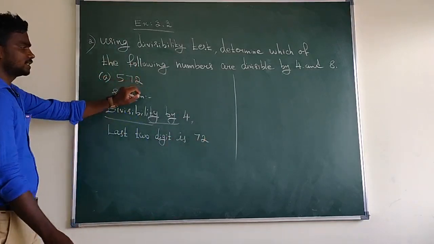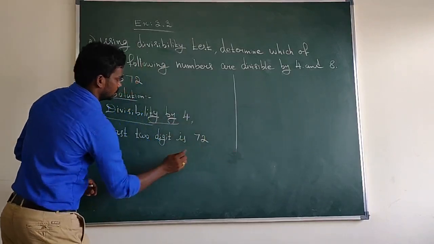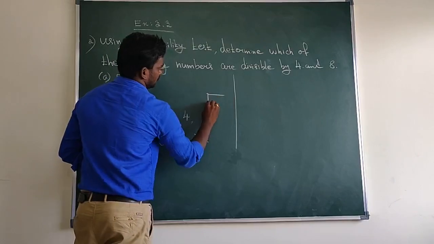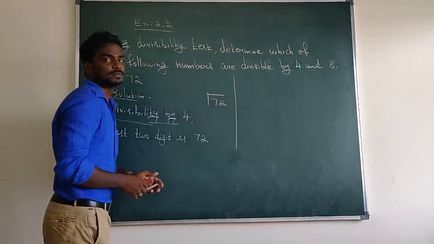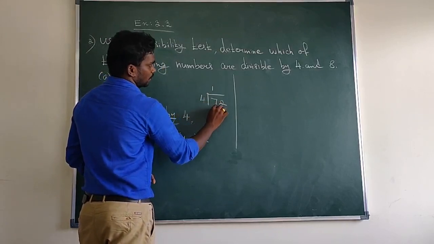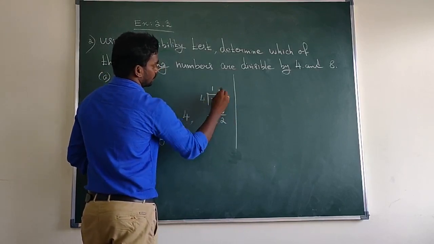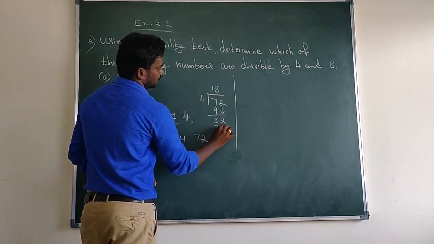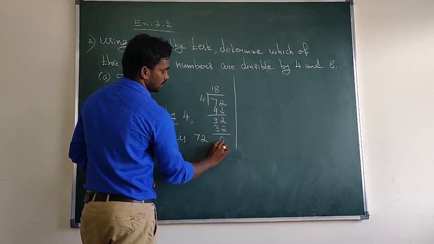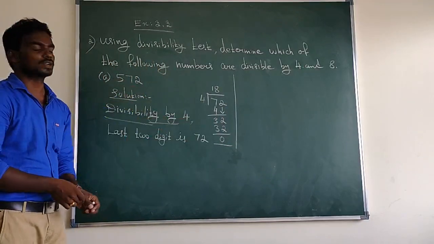The last two digits are 72. We want to check whether 72 is divisible by 4. 1 four is 4, remaining 3, so take the 2. 8 fours are 32, remaining 0. The remaining value is 0, which means this number is divisible by 4.